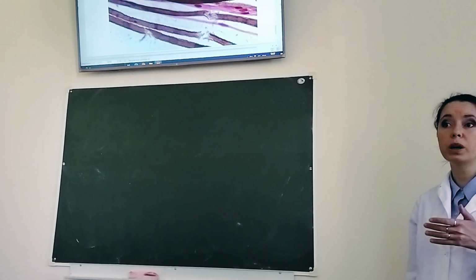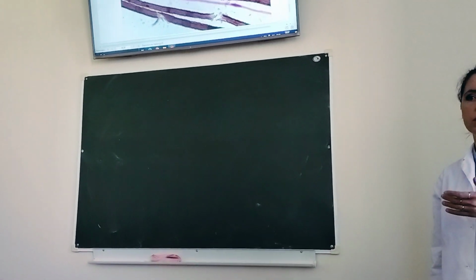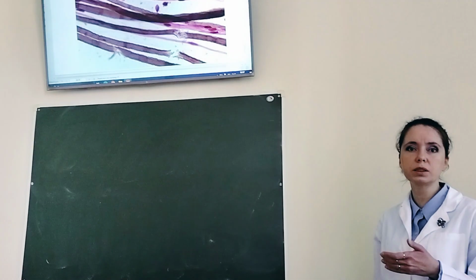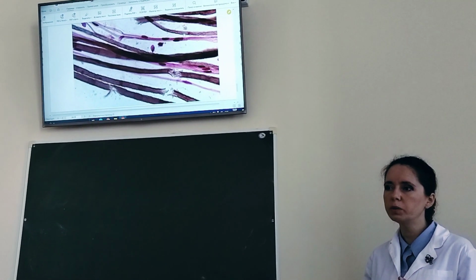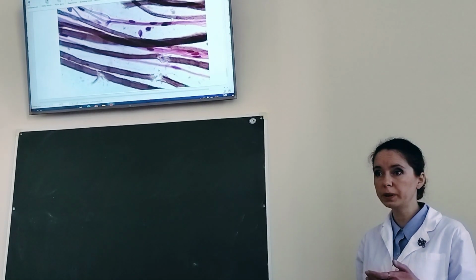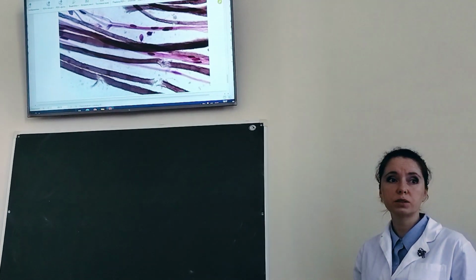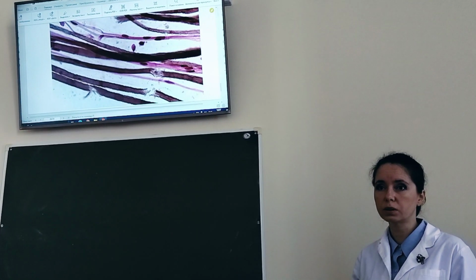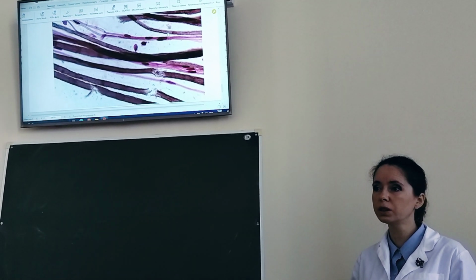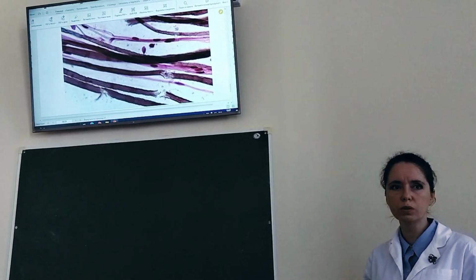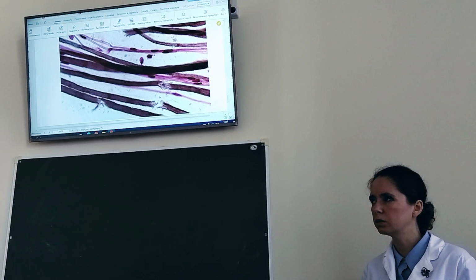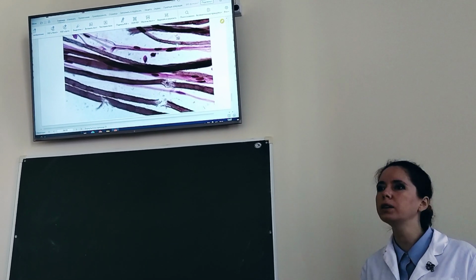You explain why we use osmium: it is a stain with affinity for phospholipids. Myelin is phospholipid-rich, so it is quite reasonable to use this stain to show the myelin sheath.